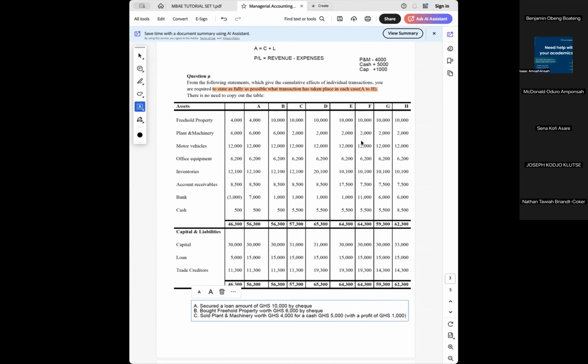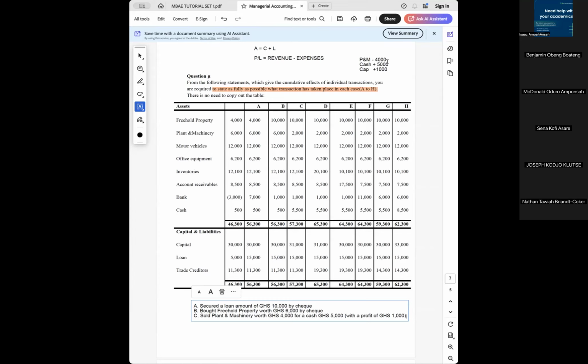Is there any other view? Yes. Last view, and then we conclude this. Because this is happening at the same time, we can interpret the whole thing to mean one transaction.